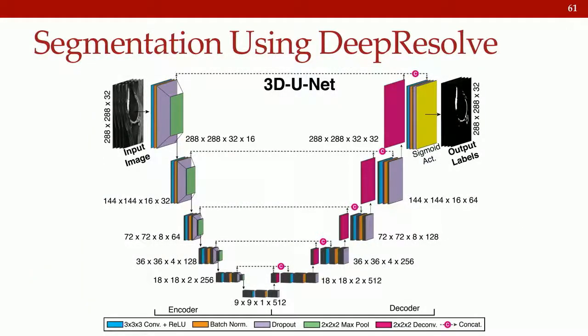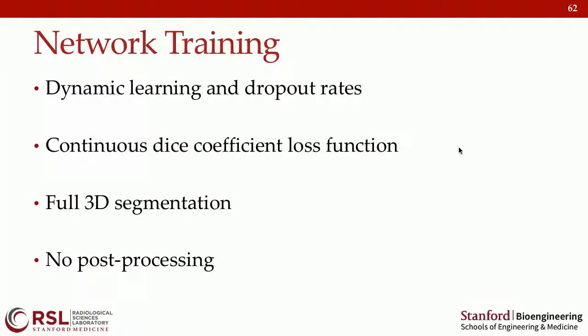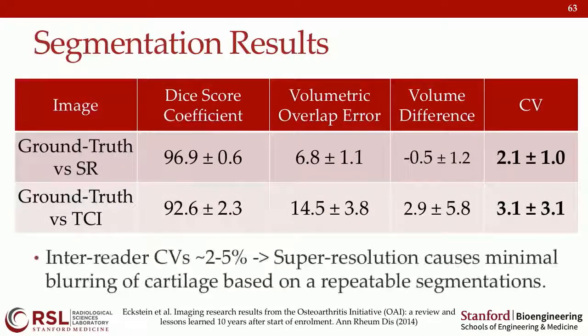So this uses a slightly different machine learning architecture called a UNet, a 3D UNet, where the images are downsampled into bits and then upsampled into a super resolution output. The network is trained with dynamic learning and dropout with continuous dice coefficient, which is a way to compare similarity in images, a loss function, and a full 3D segmentation with no manual post-processing.